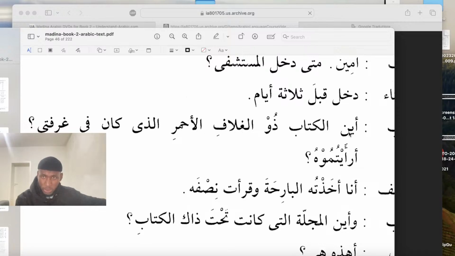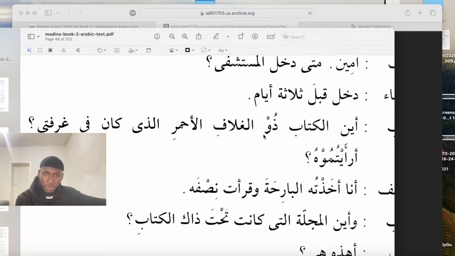The book, where is the book possessing? Dhu means possessor or owner of what? Owner of the cover. Dhu is obviously mudaf, so we have mudaf ilayh: owner, possessor of red cover.